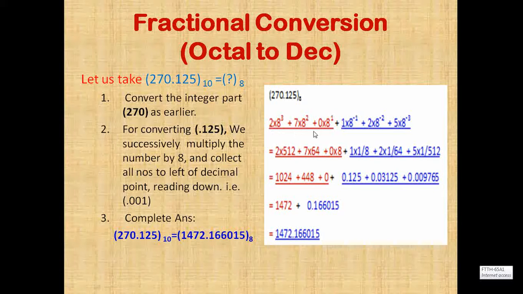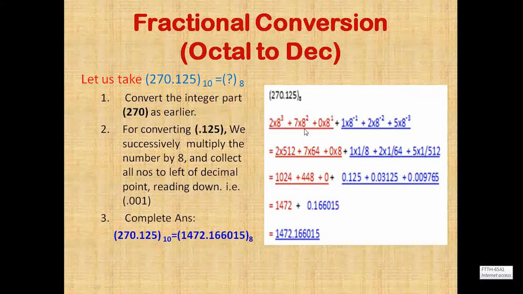And we will draw a line that will indicate this is the integer part, and then plus 1 into 8, 2 into 8 and 5 into 8. So we have to multiply each digit by 8 first, and then we'll divide it into two parts, one before the decimal point and one after the decimal point.